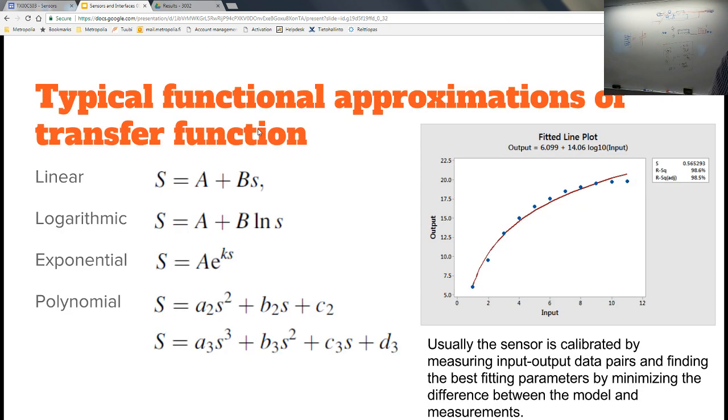Okay. Yeah, I have swapped the axis here, but anyways.